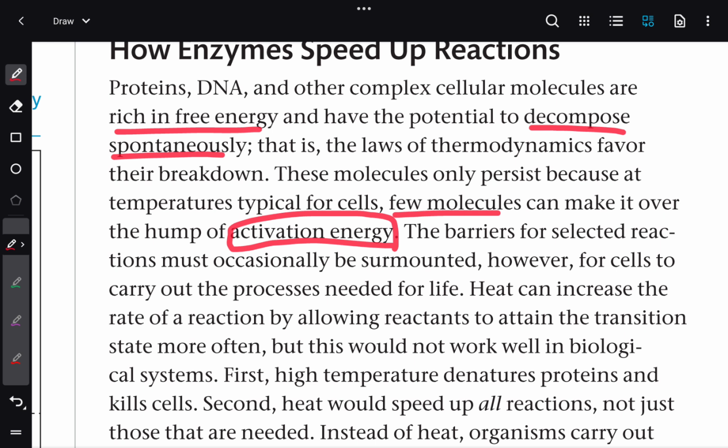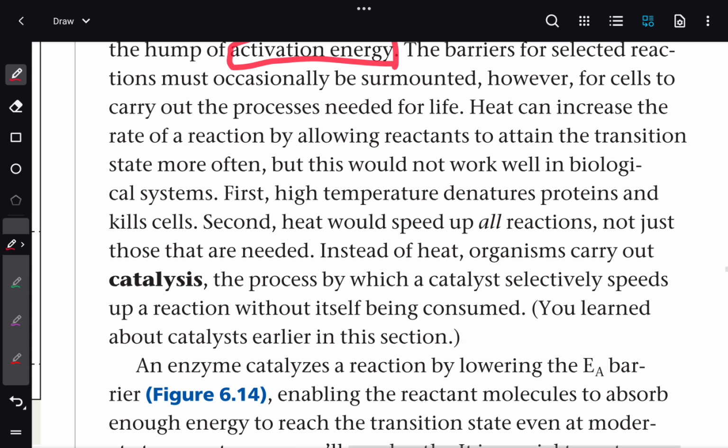Now, the barriers for selected reactions must occasionally be surmounted for cells to carry out the processes needed for life. Heat can increase the rate of reaction by allowing reactants to attain the transition state more often. But this would not work well in biological systems. Heat denatures proteins and kills cells.